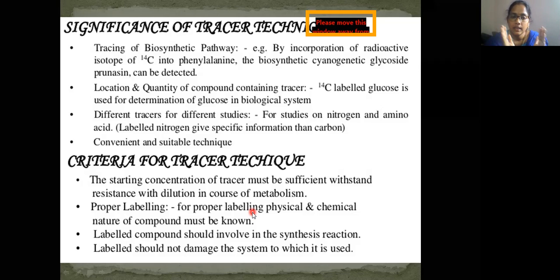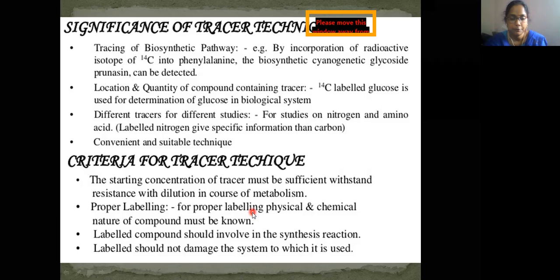The radioisotope must be involved in the reactions the same as the original element, and the label should not damage the system to which it is used. The most important thing is it should not interfere with the reactions. So it should be involved in the synthesis reactions, but it should not damage the system.